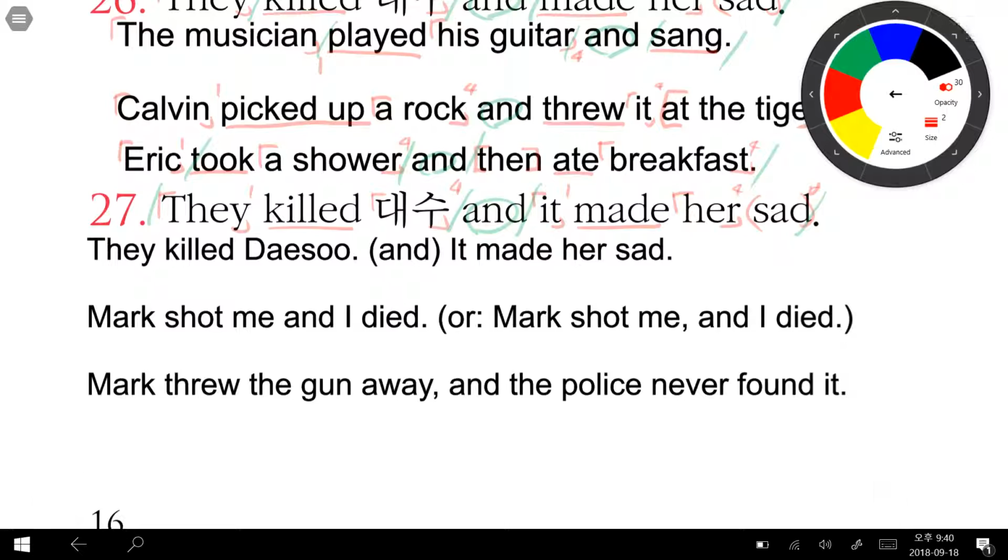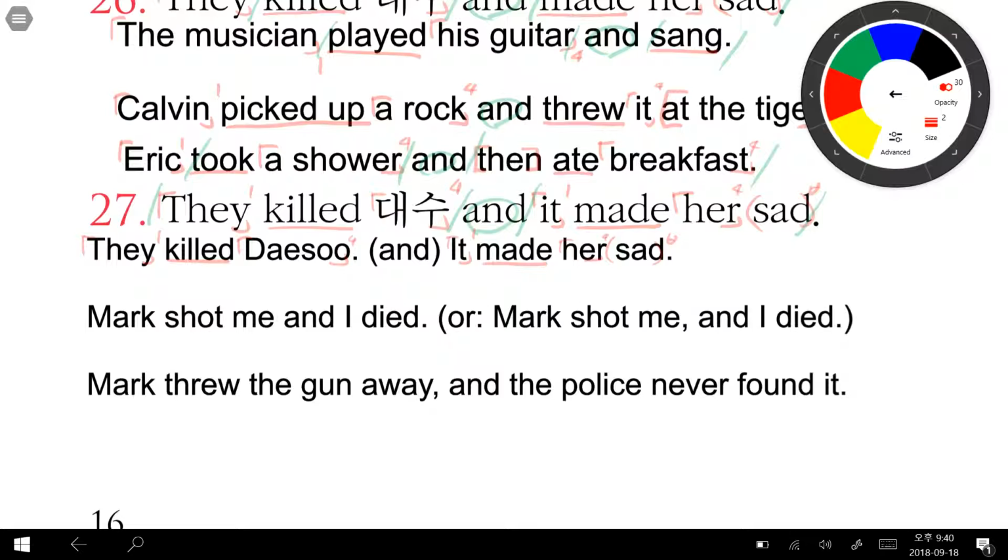Note that each clause has its own subject and its own predicate. Using the coordinating conjunction and, we are able to connect these two shorter clauses to form that single sentence.